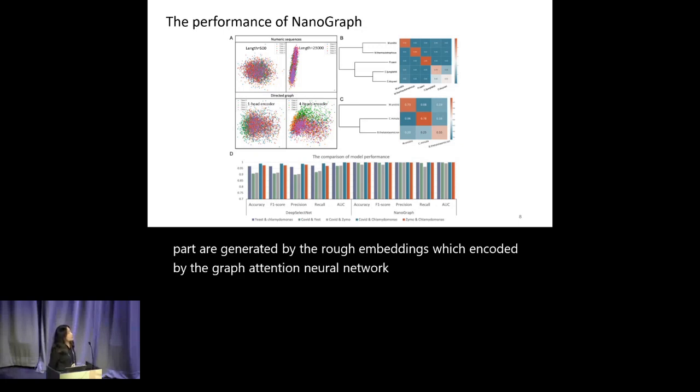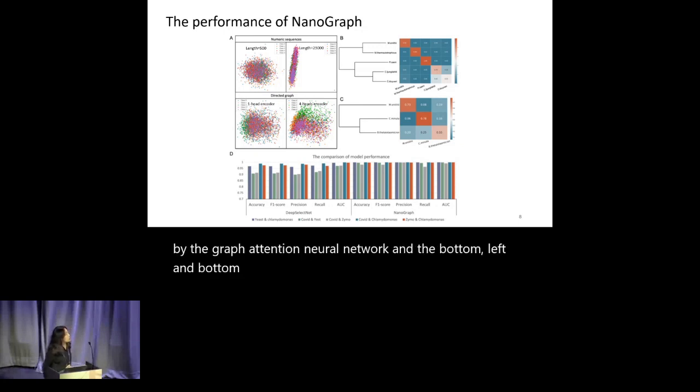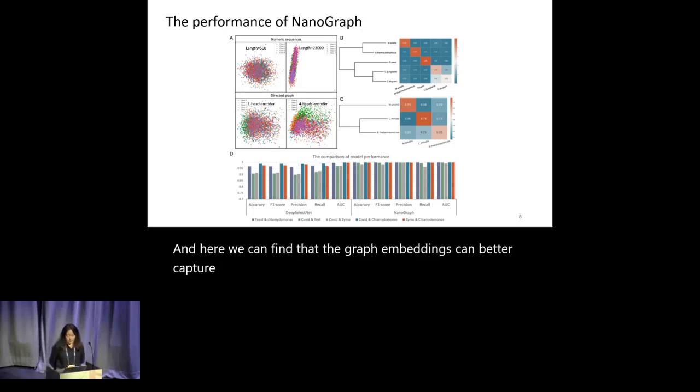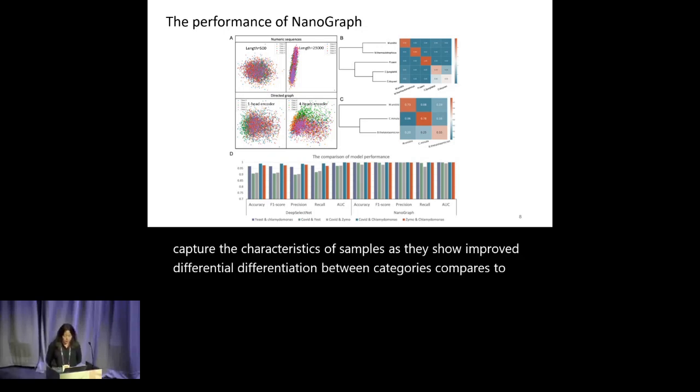The bottom left and bottom right differ in the number of heads in the encoder. Here we can find that the graph embeddings can better capture the characteristics of samples, as they show improved differentiation between categories compared to the numeric input.